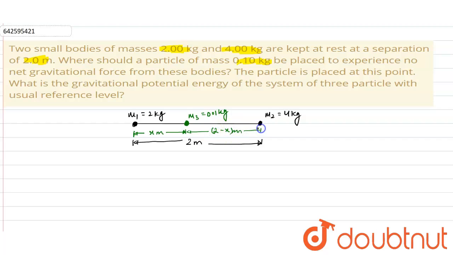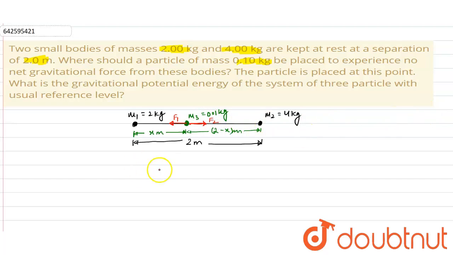Correct. Now, if the mass M3 is experiencing no gravitational force, that means the gravitational force experienced by M3 due to M1, let us suppose as F1, will be equal to the gravitational pull experienced by M3 due to the mass M2.